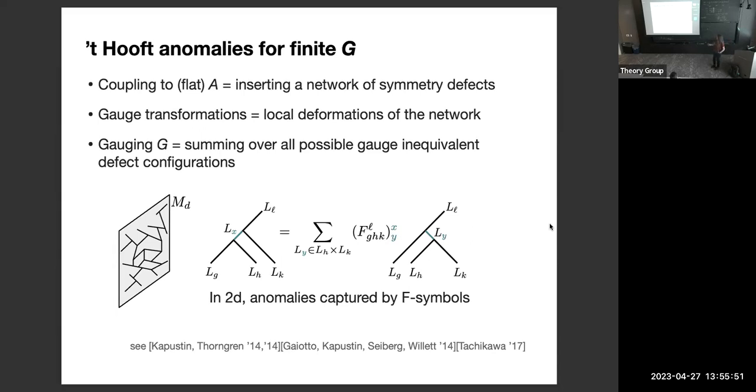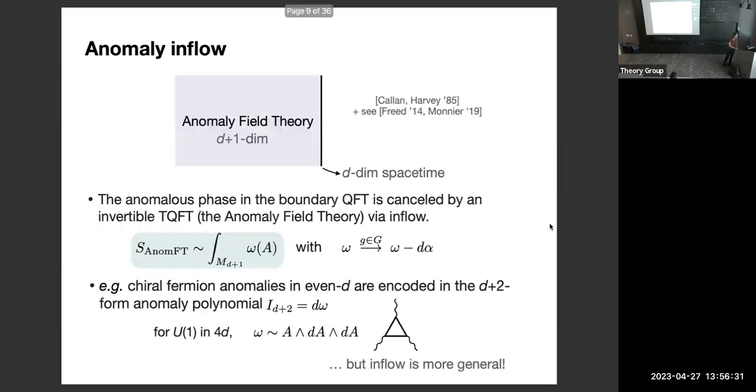In 2 dimensions, the picture is that I can fix some triangulation of my space-time manifold, and then these gauge transformations are captured by F symbols that describe the associativity of networks of the symmetry defect that I'm going to sum over, and then the anomalies are captured in a specific way that I won't spell out right now, basically by these F symbols. But this is the general picture to keep in the back of your mind, and this works perfectly well for all the sorts of generalized symmetries I might care to think about.